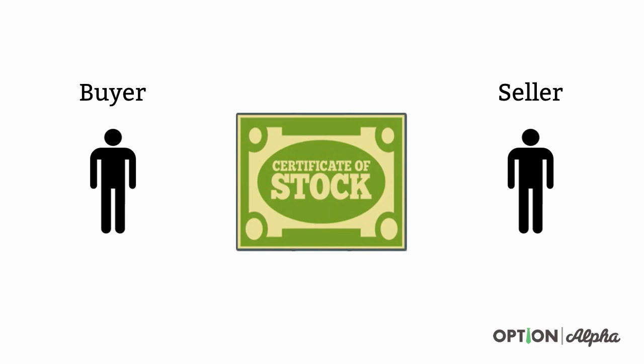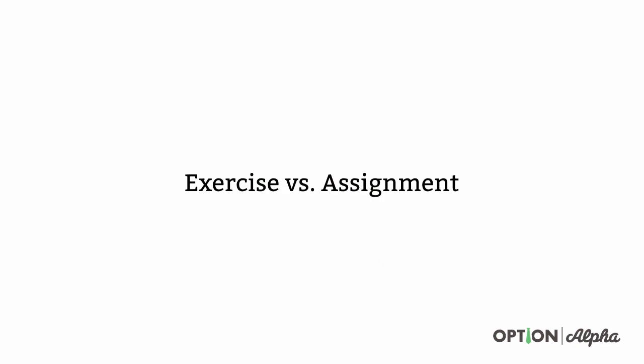Okay, so that's the difference between exercise and assignment. It's actually the same transfer happening. It's just that if you're an option buyer, you exercise your right to buy the stock. If you're an option seller, you get assigned a contract and have to give up that underlying stock. Okay, so hopefully that makes sense of the differences between them.